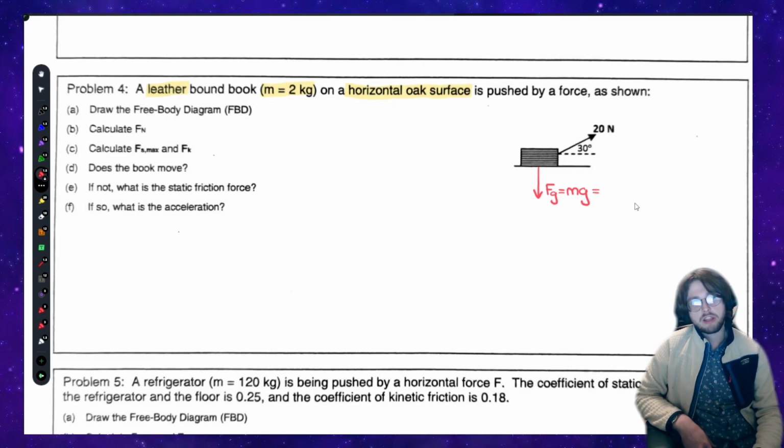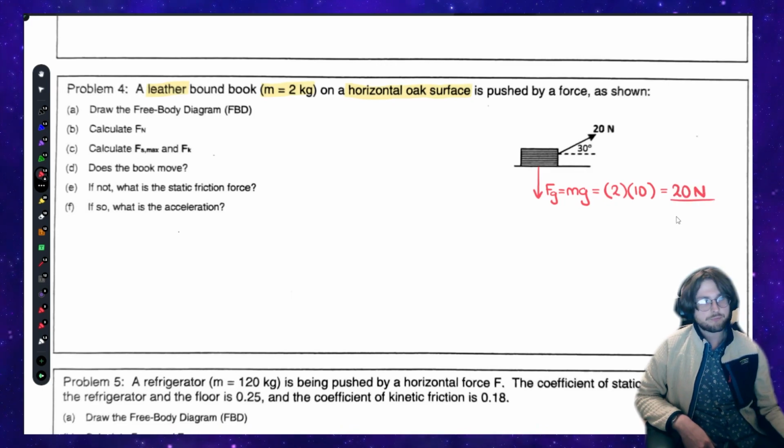If you're feeling like being a lazy bones like me, you can then say it's going to be the mass, which is 2 kilograms, times the acceleration due to gravity, which is normally 9.8, but I'm going to make it 10, so the math is easier. And so that means our force due to gravity here is going to be about 20 newtons total. All right, that's a very usable number.